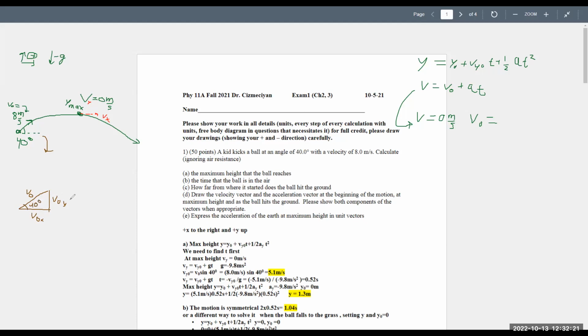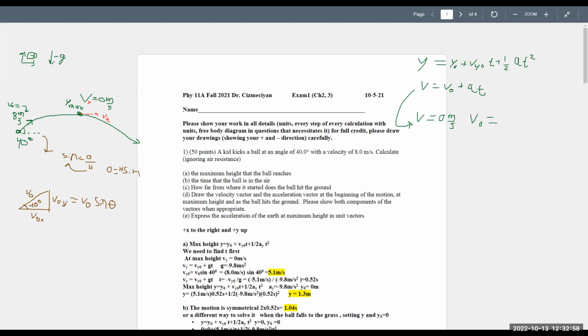This is opposite, so sine. So it's going to equal v naught sine theta. Remember we got that because sine is equal to opposite over hypotenuse. Multiply the hypotenuse over, so the opposite is equal to sine times the hypotenuse.